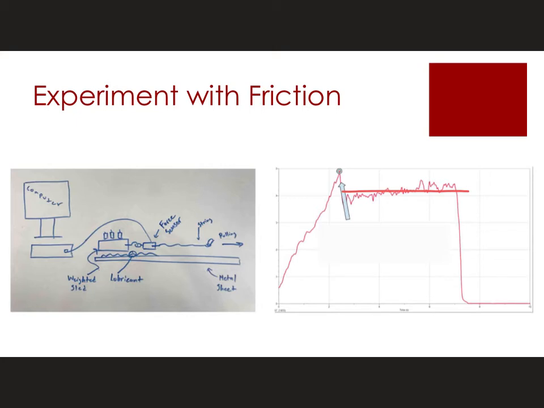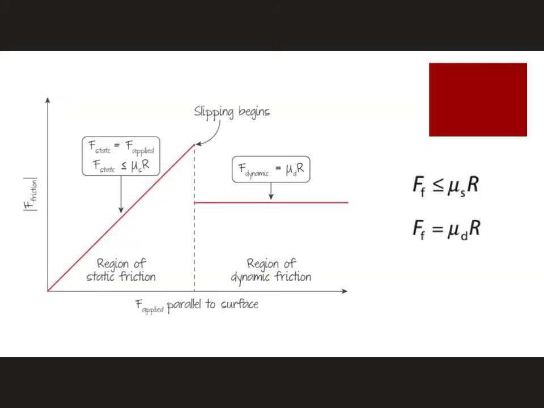Well, let me give you a more simplified, cleaned up version of this graph. So here we have the cleaned up version. On my y-axis, I have force of friction in absolute value signs, which just means I'm talking about a positive value. On my x-axis, I have the force applied parallel to the surface, and we know that along here these two forces are equal in magnitude, opposite in direction.